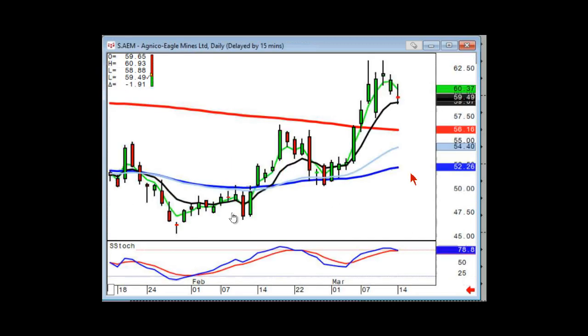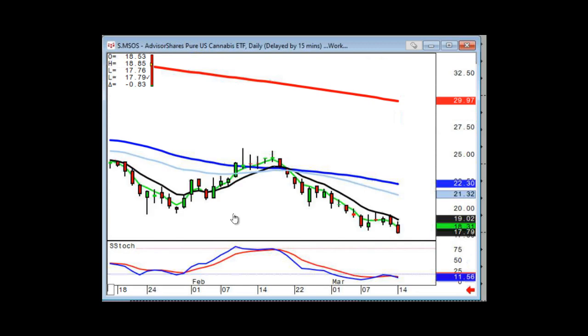AEM has to open positive if you're long to stay in it. If it opens lower, they're coming back to test the 200 to see if it's going to act as support. Stay short.